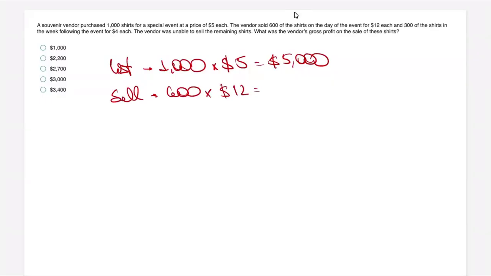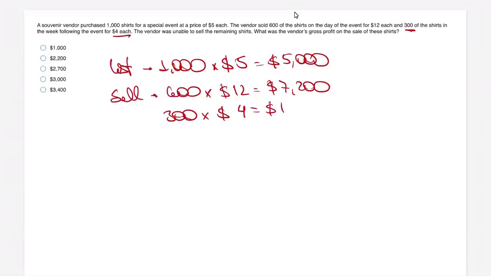If it was 10, it was 6,000. It was 6,000 with 1,200 more is 7,200. And 300 for 4 each.